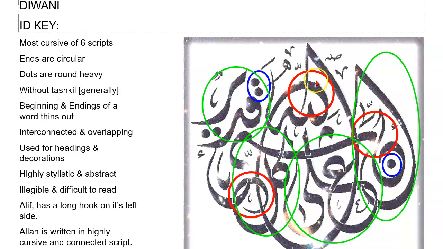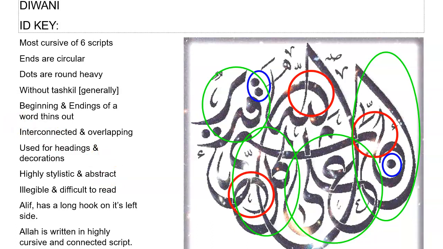So Aleph has those long hooks. Right? You haven't seen those before. Something like that. The dots tend to be circular. So if you see circular dots, it's a good giveaway that it's Divani. But the biggest thing is the cursive nature of it, the patterns, is almost like a ribbon-like style. So if you see that, you know Divani's on the way, right?